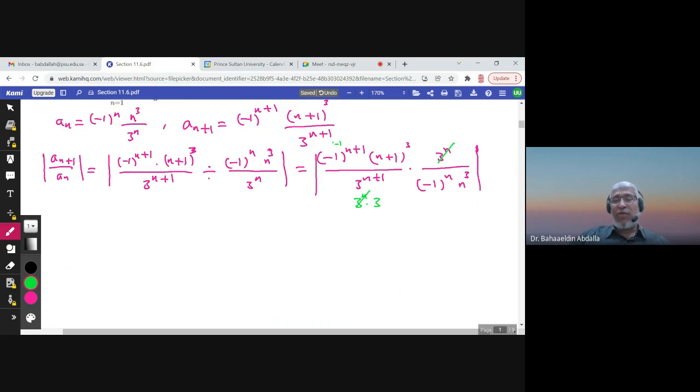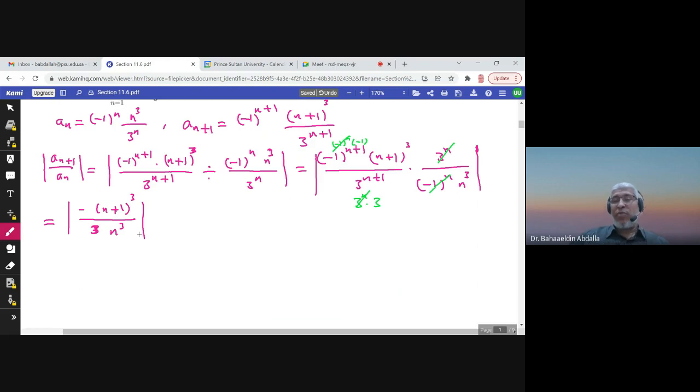So this is negative 1 to the power n times negative 1, and I can cancel this with this. So I will have negative 1 and n plus 1 to the power 3 over 3 times n cube.